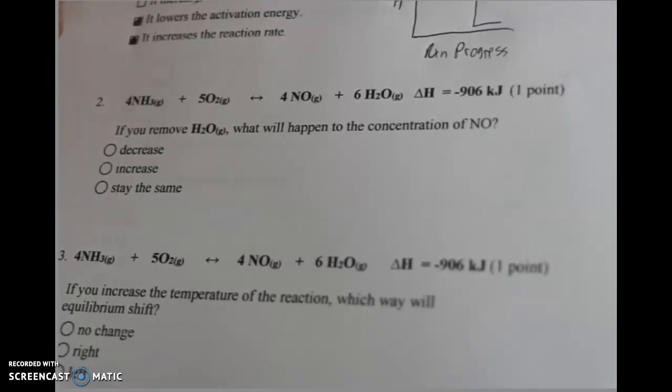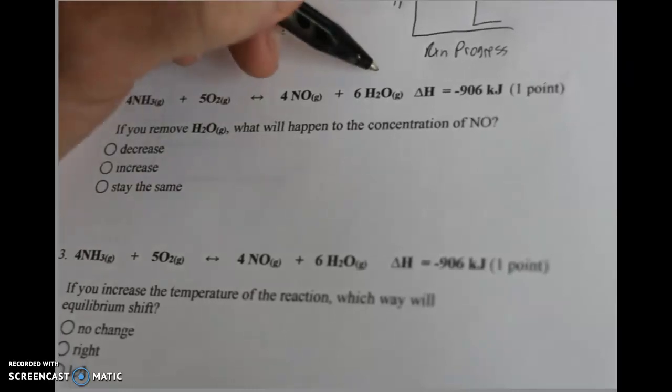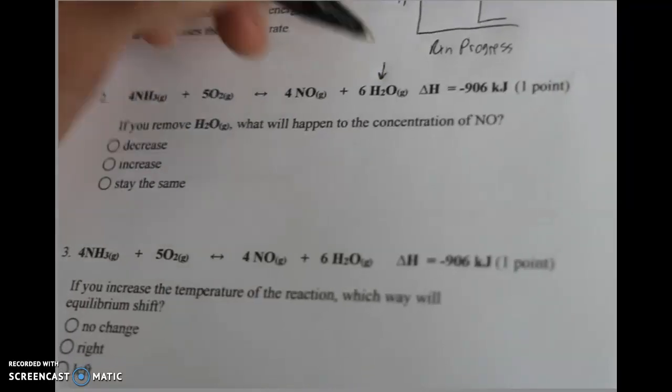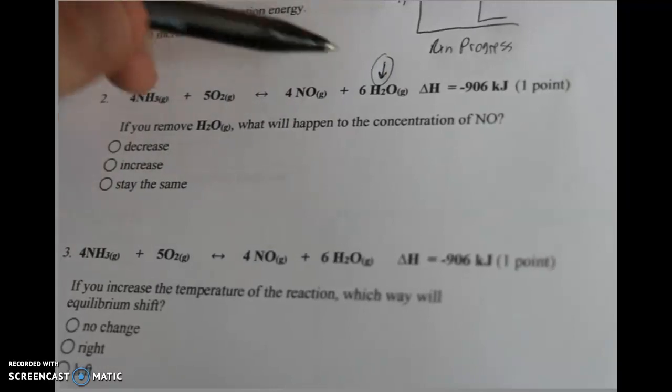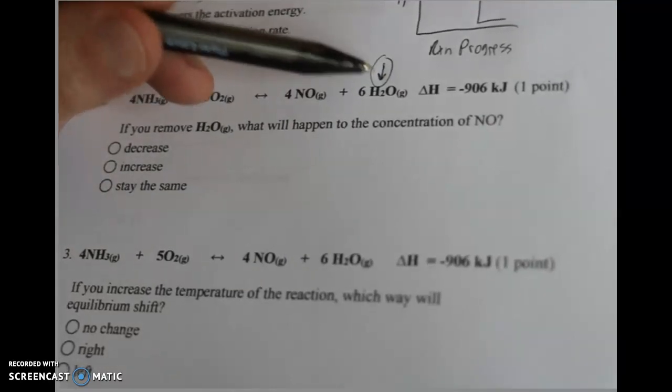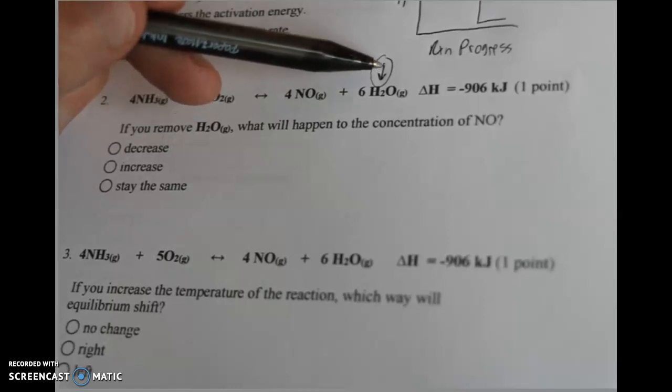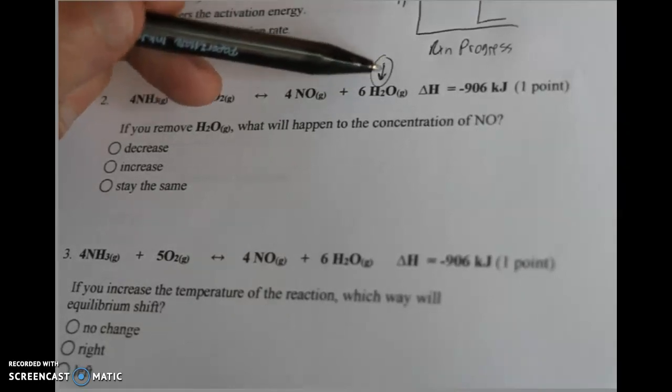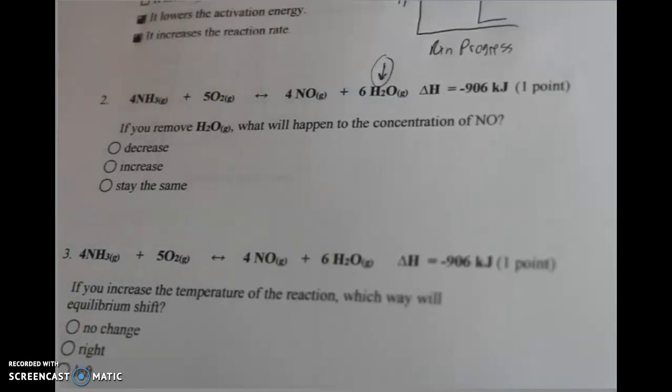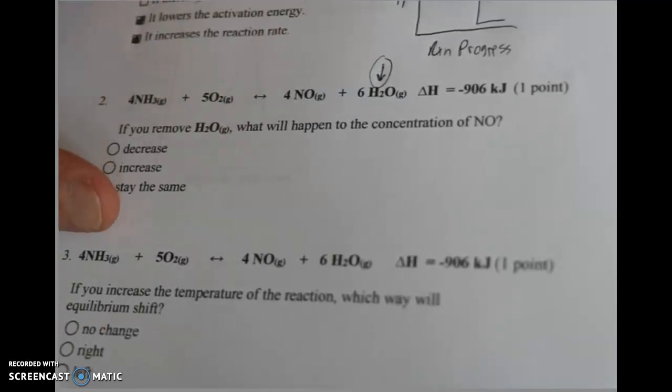Really what it's saying is it's going to try and fix whatever change you made. So if you remove some H2O gas, and I'm going to put a circle around that because that's the initial stress, it's going to try to minimize that change. This is like saying it's going to try and make back some of that H2O. Now it's never able to make all of it back, so you're always going to be at a net loss of H2O at this point, but it's just going to try and minimize the change.